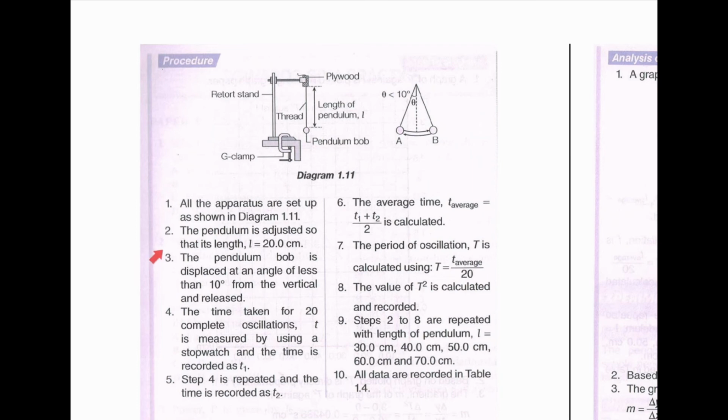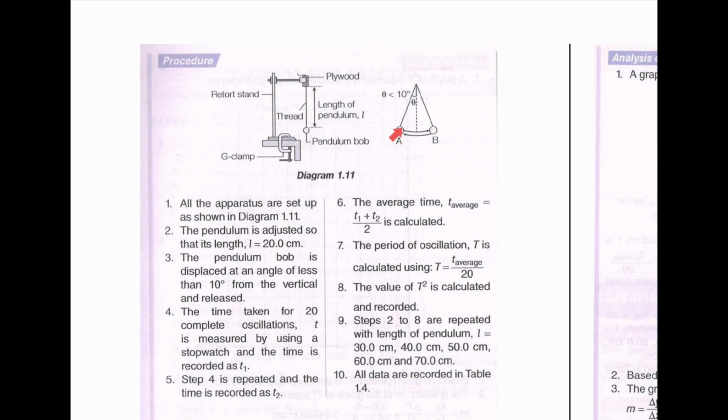The pendulum bob is displaced at an angle of less than 10 degrees. So you pull it sideways 10 degrees from the vertical and release. The time taken for 20 complete oscillations is measured using a stopwatch, and the time is recorded as T1. 20 oscillations means you start from here, the bob comes here, then comes back to A again.